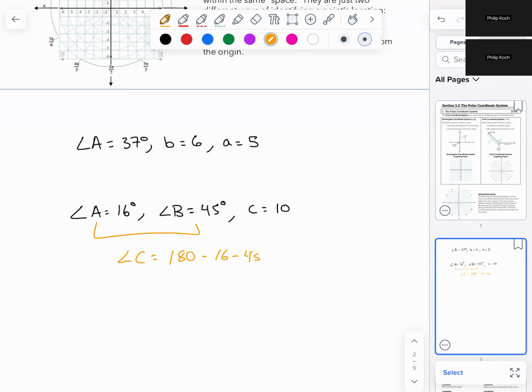Usually we use the law of sines if side b and angle B are given. Yes, that's correct. If you know everything about one of the letters, both the angle and the side, use law of sines.